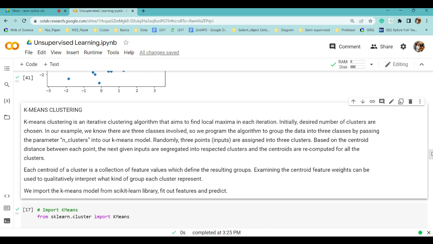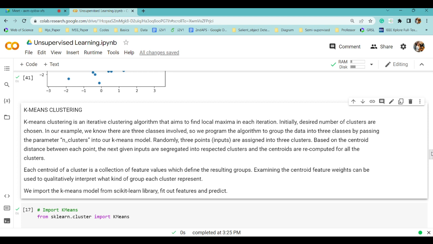So what does k-means mean? Again, the same thing I'll tell. Means average or mean. For example, if we have 4 clusters and a data point comes which we don't know which cluster it belongs to. These clusters are mainly different classes: class 1, class 2, class 3, class 4 are represented as clusters, and there's a data point which we don't know which class it will belong to.